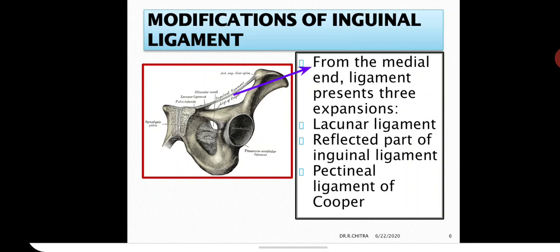If you see this triangle, its apex is formed by the pubic tubercle and the base is free. This base you should have learnt in the femoral ring. This base forms the medial border of the femoral ring in the femoral sheath. So this is the one expansion, that is the lacunar ligament.